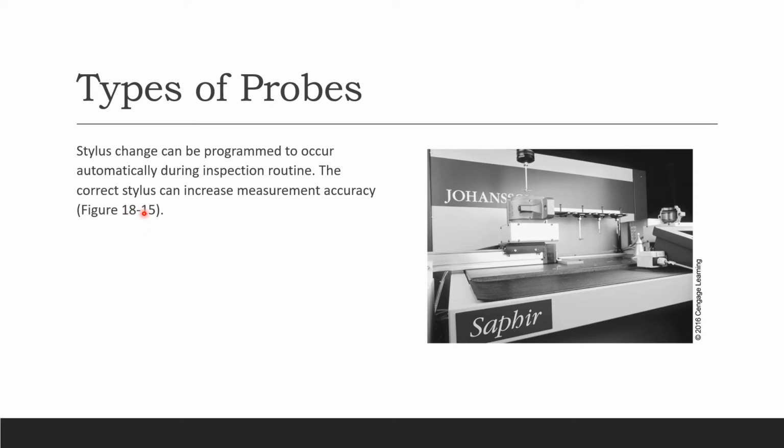By giving automation and programming the machine to choose the stylus, you're increasing the accuracy because you can reduce human error of manually switching the stylus. If you pay attention to the picture, you can see 1, 2, 3. This one is empty. Anyway, you can program the machine to change that.